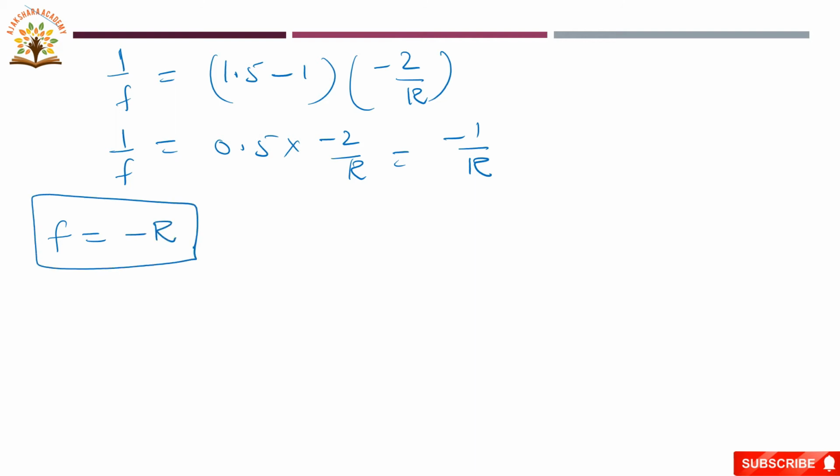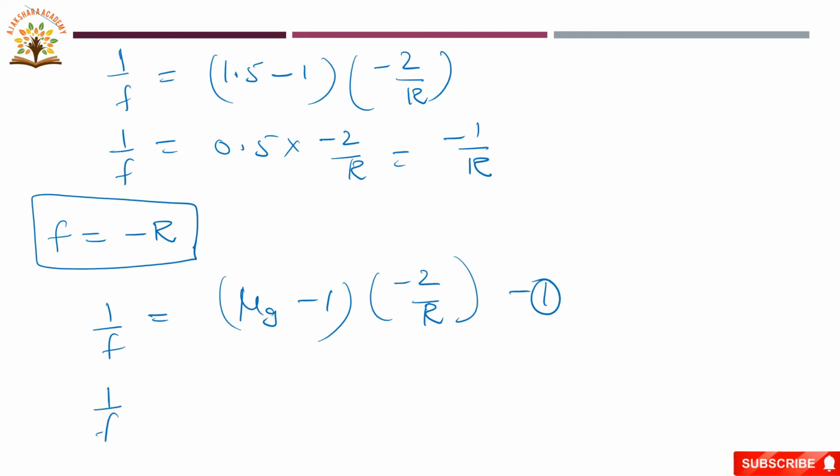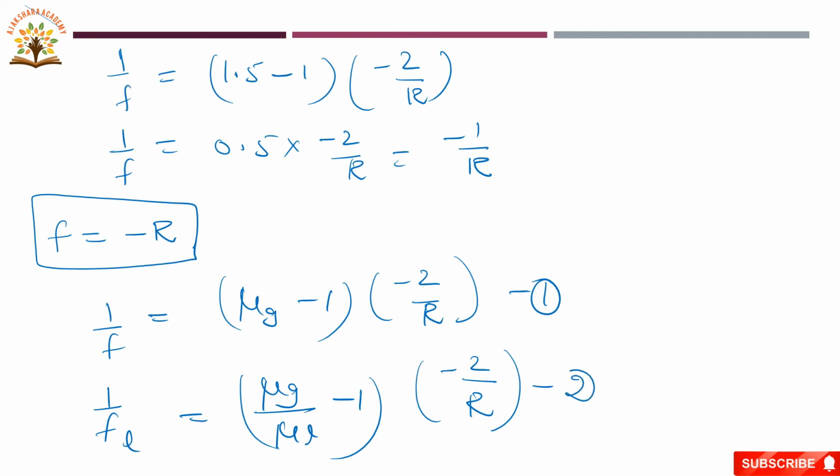Next, 1 by F is equal to mu G minus 1 of minus 2 by R. This is equation number 1. And next 1 by FL is equal to mu G by mu L minus 1 of minus 2 by R. Consider this as equation number 2.